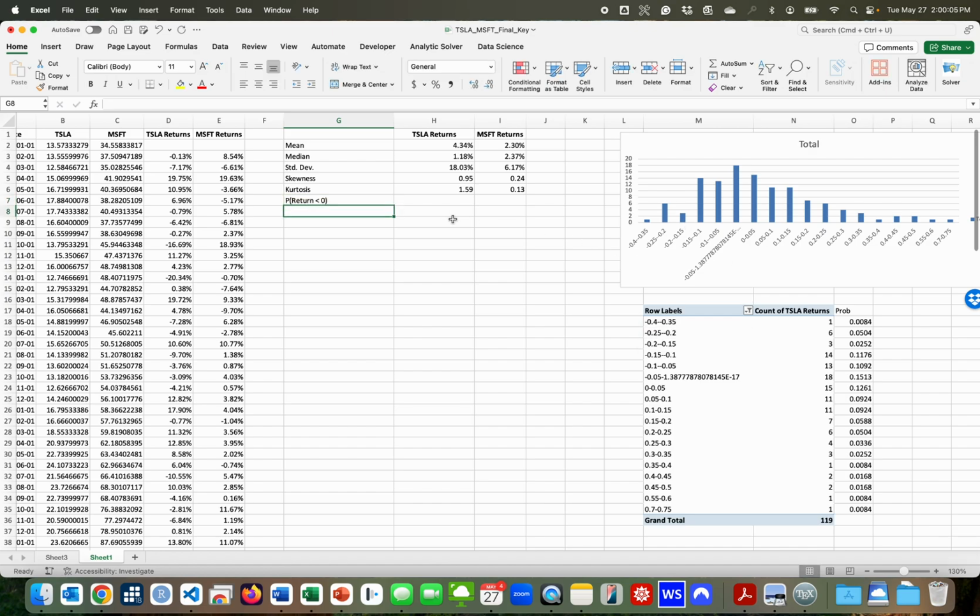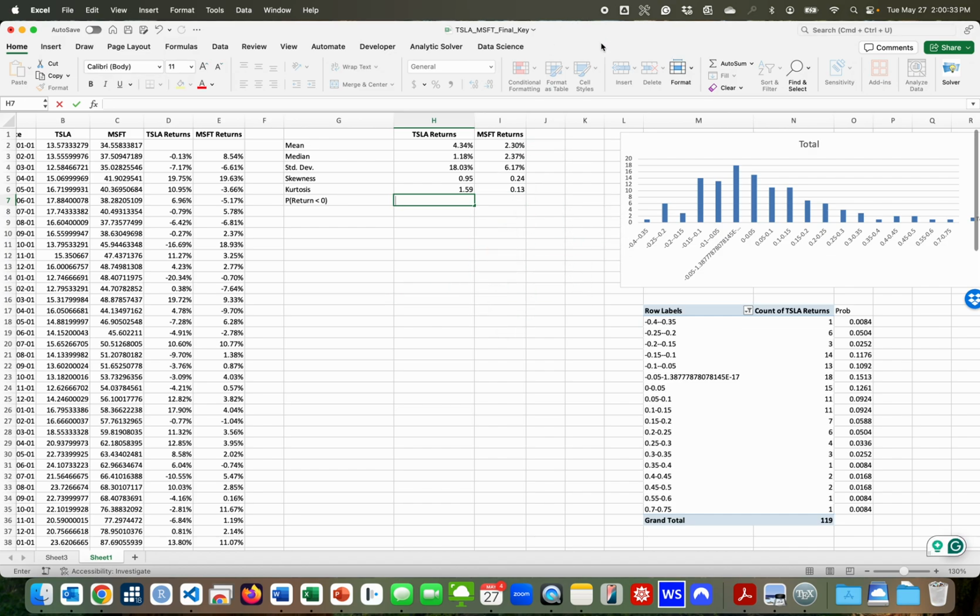And what we're going to do is estimate this probability assuming this mean and this standard deviation are correct and the returns follow a normal distribution. Under those two assumptions, what would we expect to see for this probability? Right. So to do this, we're going to use the norm.dist function.